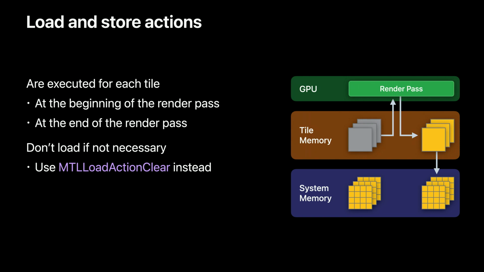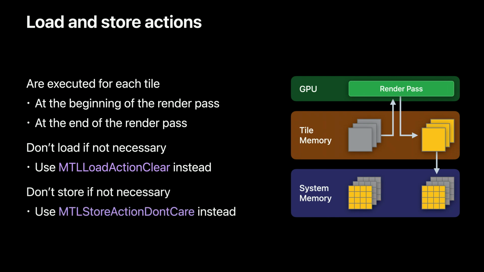If you don't need any data, don't load anything and clear instead. This will save us all the memory transfers required to upload all the color attachments, as well as depth and stencil buffers. The same goes for the store action. Make sure to only store the data that you need, like the main color attachment. This is very important to improve the efficiency of your render.